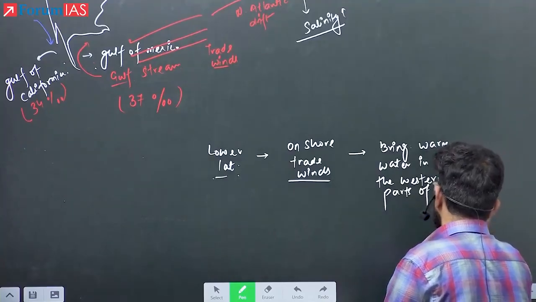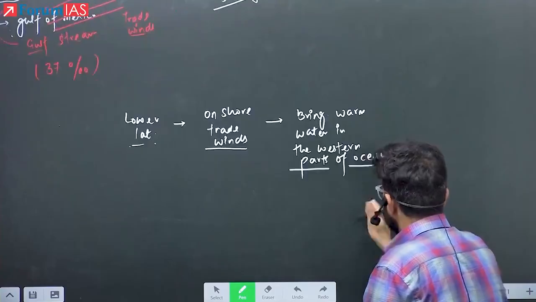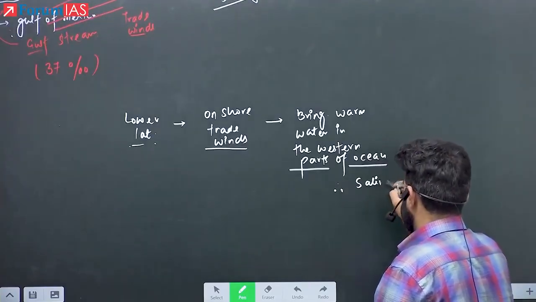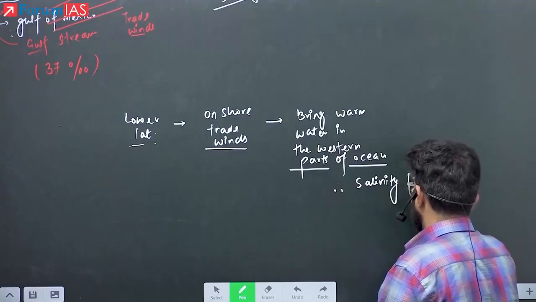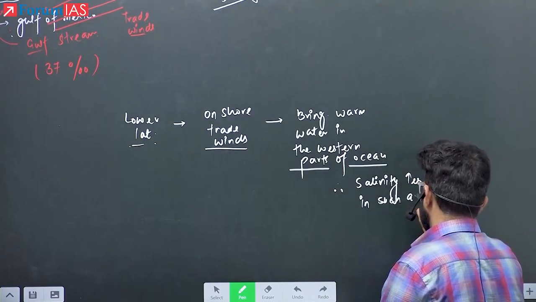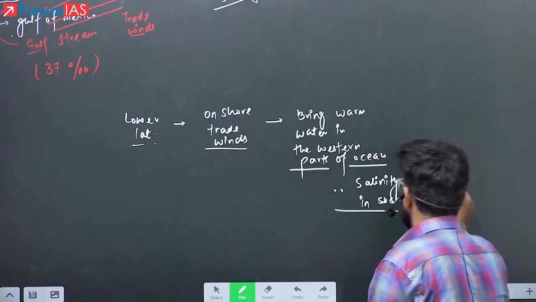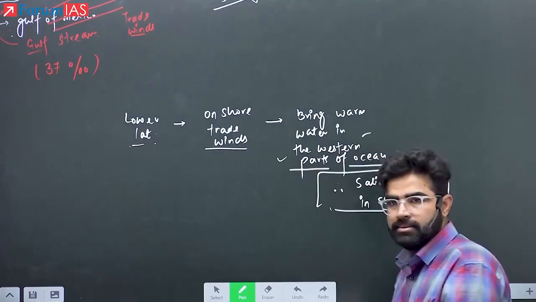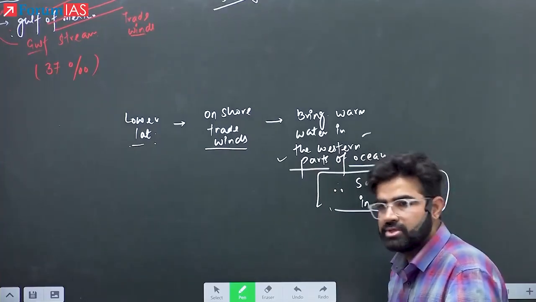I am writing western parts of ocean. Therefore, salinity increases in such areas, that is in the western parts of the oceans. Okay? This is the distribution of salinity.